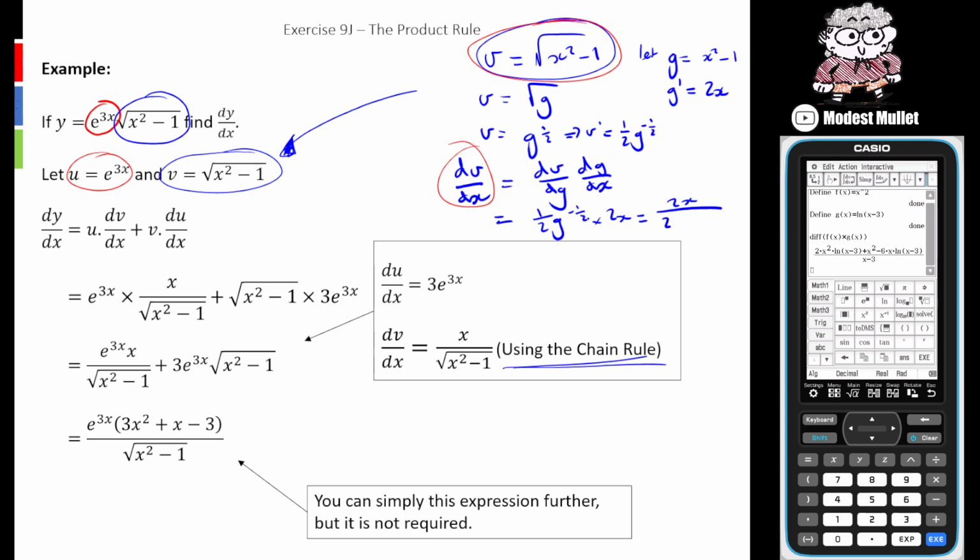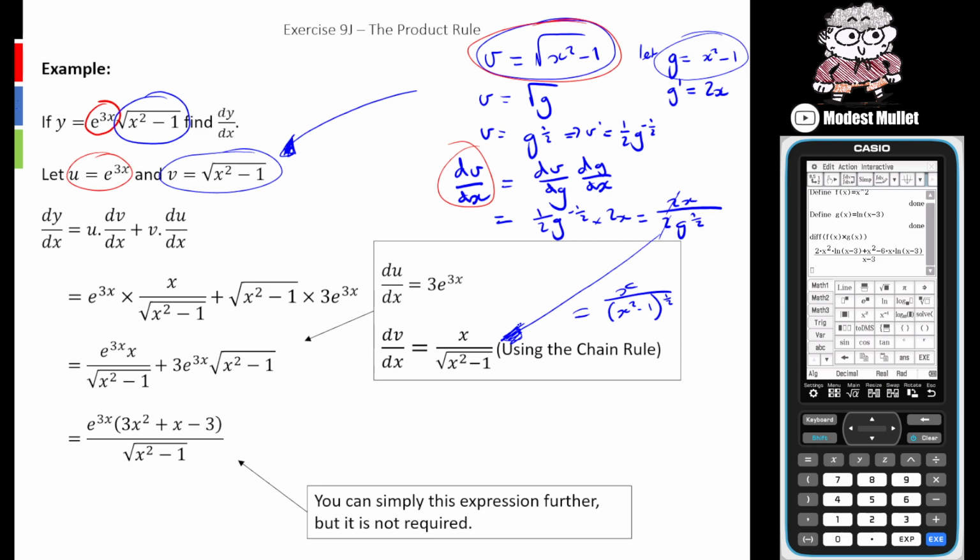Because of g to the power of negative half, I'm going to bring that down into the denominator and use my index laws. That would be g to the half, and if we substitute in what g was way back at the start, we get this final expression, especially once we cancel out the 2's. We're left with x on top, and then substituting g, x squared minus 1 to the half, which is the square root.